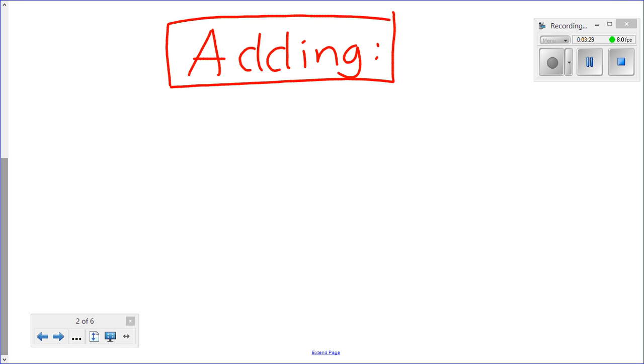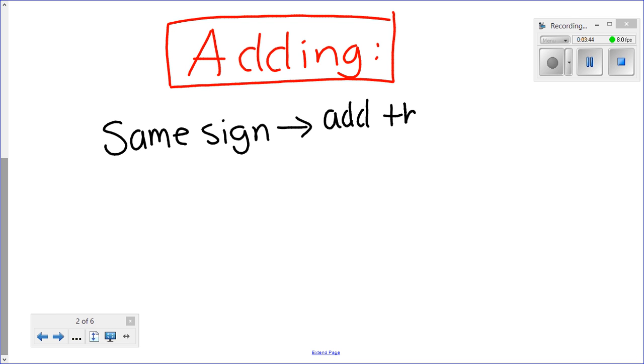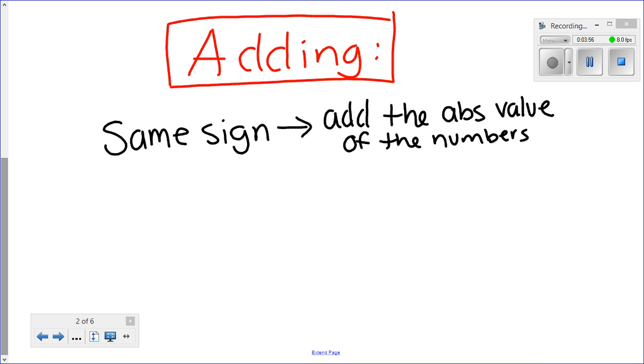And I know you waited for a really long time, because adding, when we have same sign numbers, that means we are going to add the absolute value of the numbers, and your second step, take the sign of both numbers.